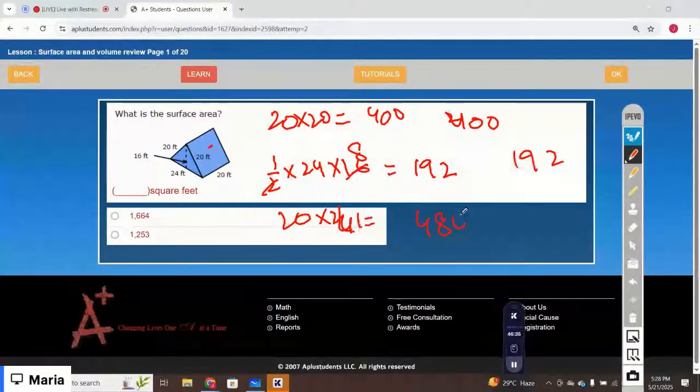So now just add the areas of all the faces, that would be the surface area of this triangular prism. Let me just add. That is 1,664.